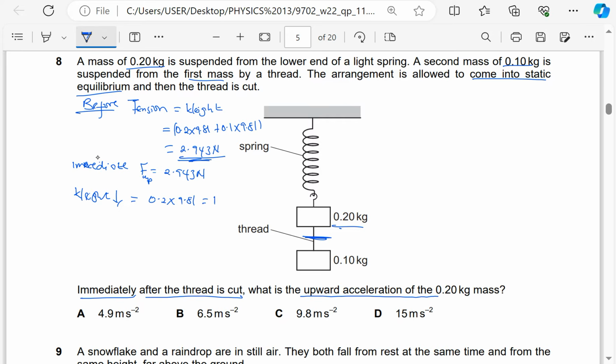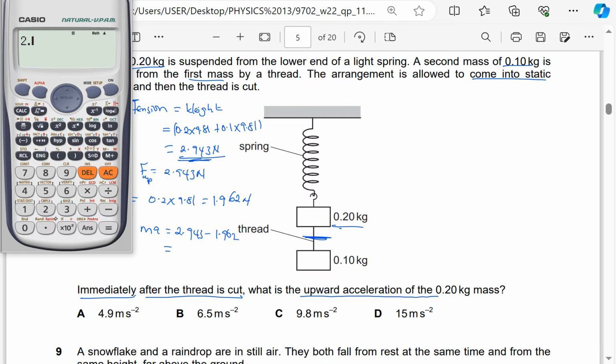I think this one is directly 1.962 newtons. So the resultant force F, which is given by mass times acceleration, should now be 2.943, which is immediate, minus the weight downwards, which is 1.962. What is this? 2.943 minus 1.962.